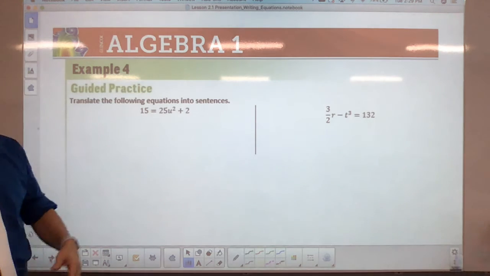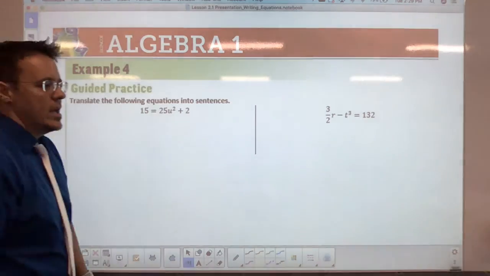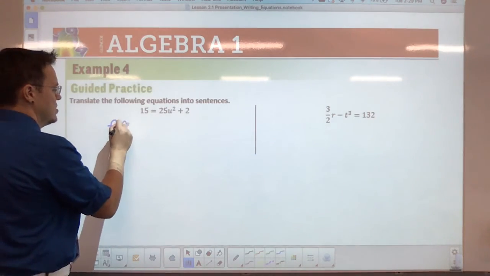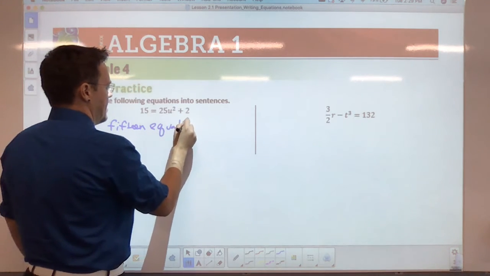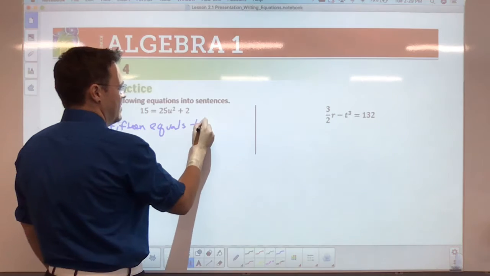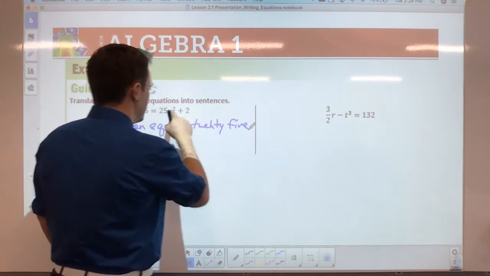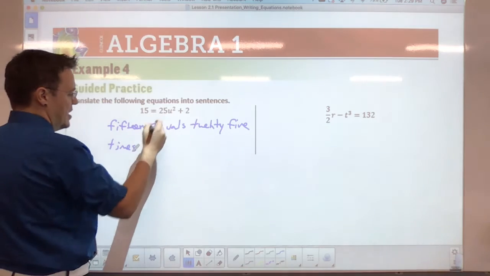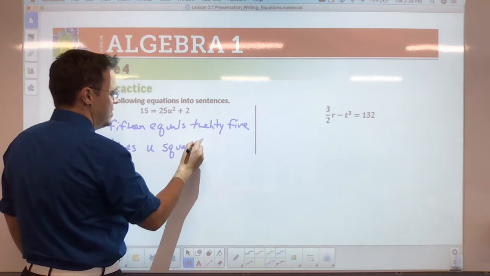Your turn. Try the best you can on these. Okay, so on this one, we're going to finish it off. This is going to be 15 equals. And then we have 25, number 25. There's a multiplication sign in there, so it's supposed to be times, and then the letter u squared. You can put the power of 2 if you did already.